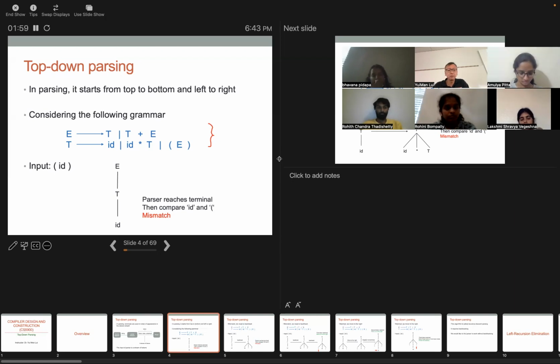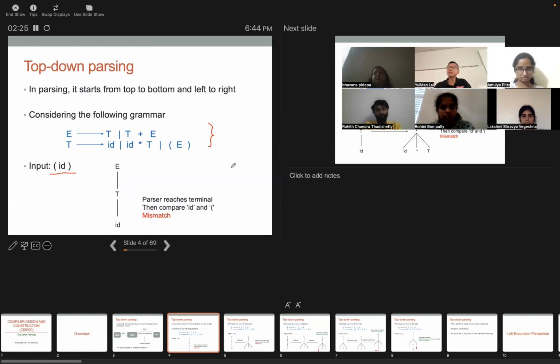So this is our grammar, and our input is left parenthesis ID right parenthesis. We want to make sure this input is valid, following the correct grammar.